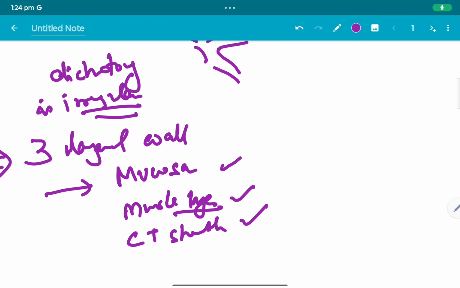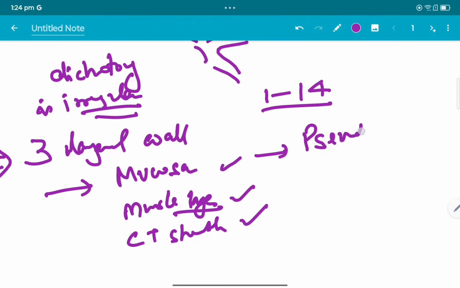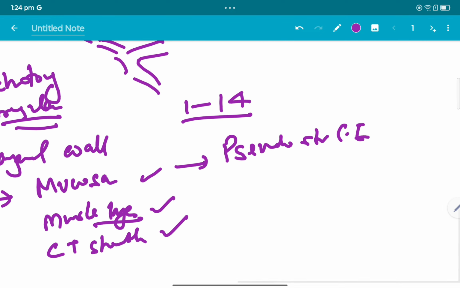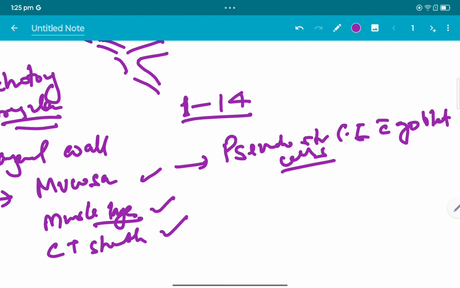So in the conducting system from level 1 to 14, the mucosal wall is pseudostratified columnar epithelium with goblet cells. As you proceed from zone 1 to 14 or 15 up till the respiratory bronchioles, the size of the pseudostratified ciliated epithelium decreases and the number of goblet cells also.